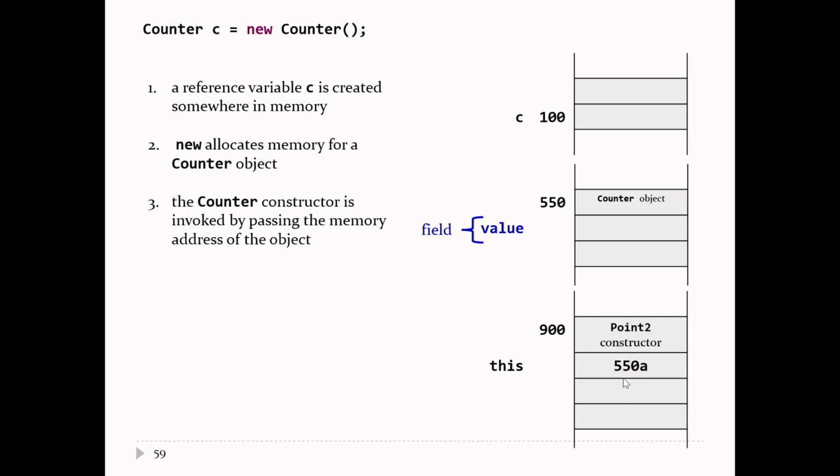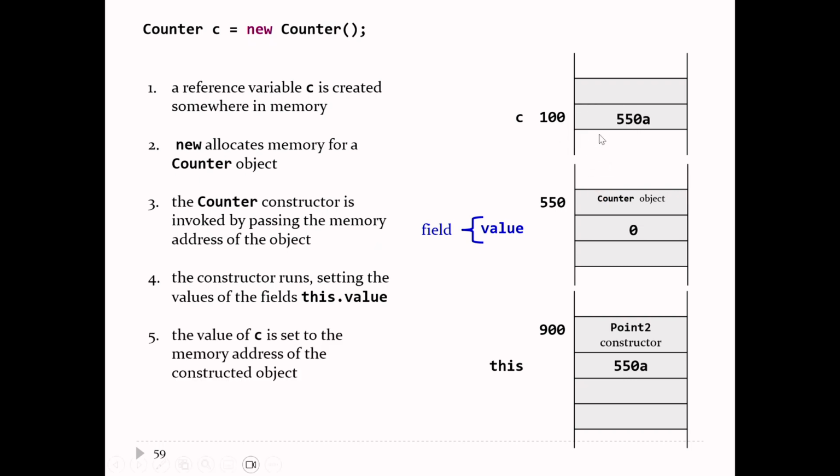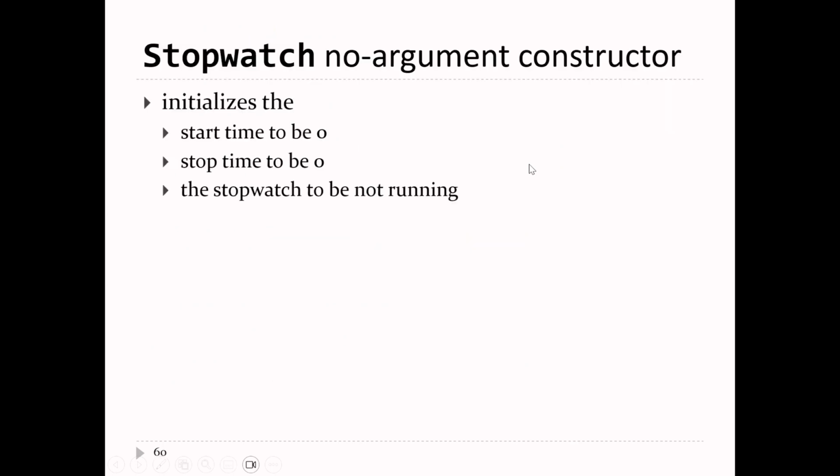The value of this is just the address of the object that was created. The constructor says this dot value equals 0. So follow the reference to the object, dot value, so the field called value gets the value 0. Constructor finishes running. New now returns the address of the initialized object back to the caller, so c gets the value 550A.